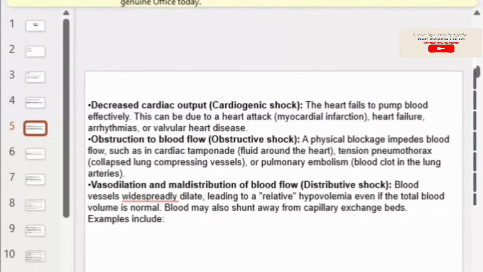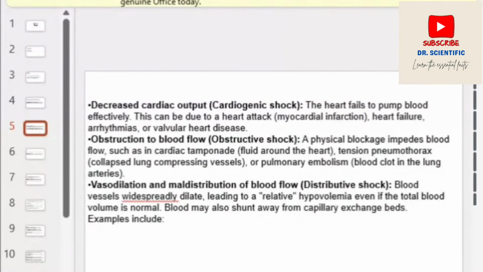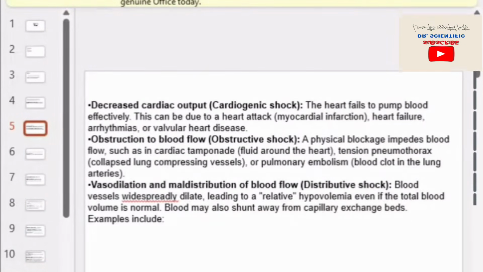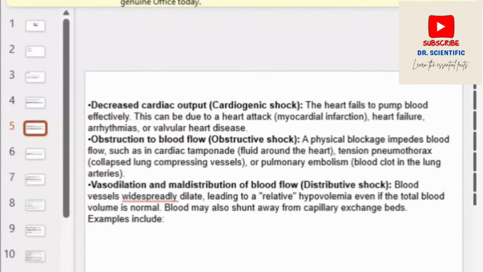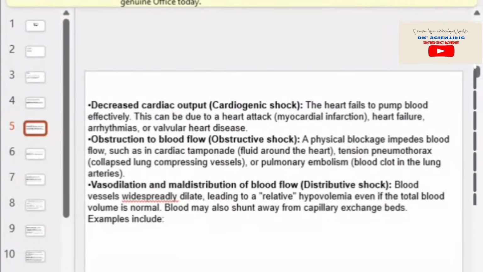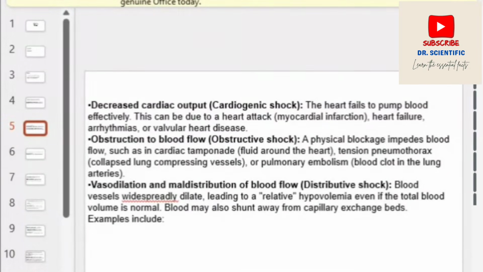There's also anaphylactic shock, which might be caused by a severe allergic reaction, leading to massive vasodilation and increased vascular permeability. Also, under vasodilation, there might be neurogenic shock, which might be caused by brain trauma or spinal cord injury. This might disrupt the autonomic nervous system and lead to loss of vascular tone.